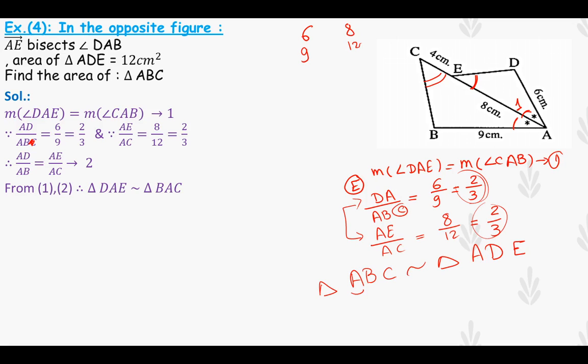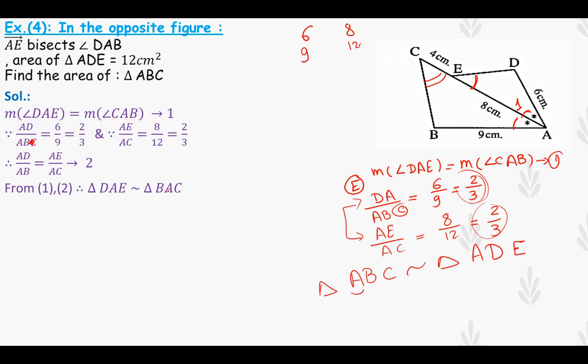Here the arrangement is very important. You have to put the corresponding angles opposite to each other. Measure of angle A equals measure of angle A, measure of angle B corresponds to measure of angle D, and the last one, measure of angle C, corresponds to measure of angle E. And you write triangle ABC, or here I write it as triangle BAC.